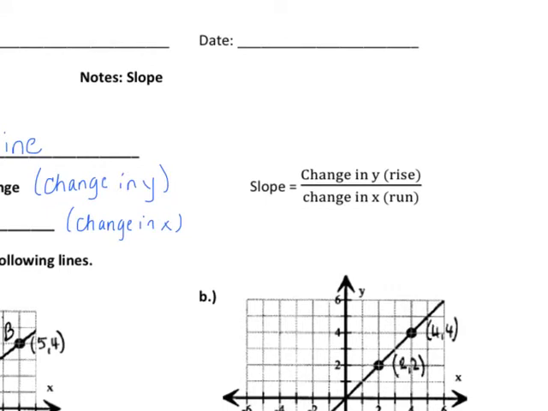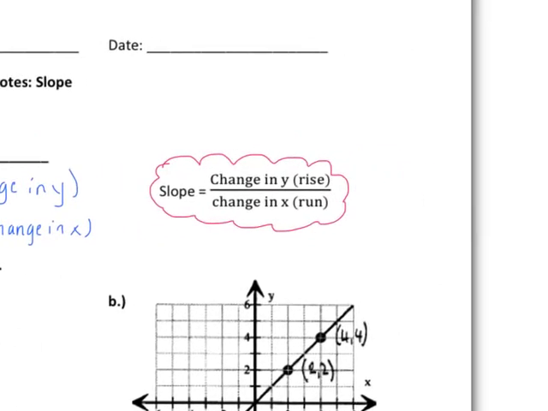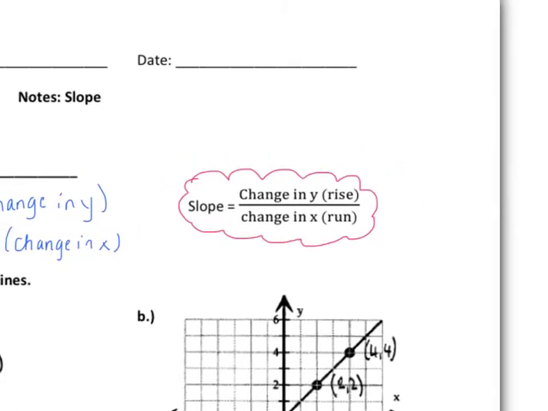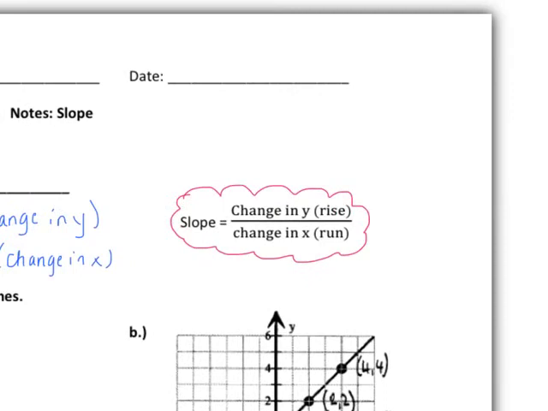So one way I might think about slope is our change in Y over our change in X, which is our rise over run. Another way I like to think about it is slope is rise over run.